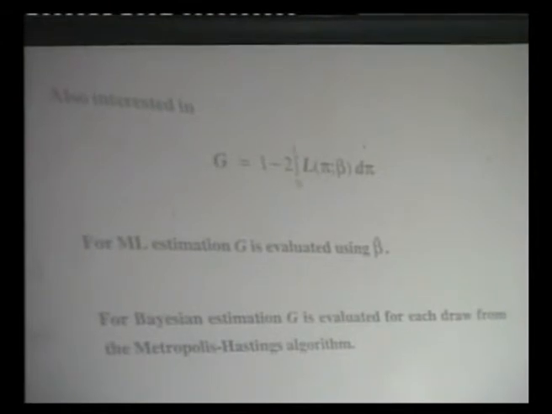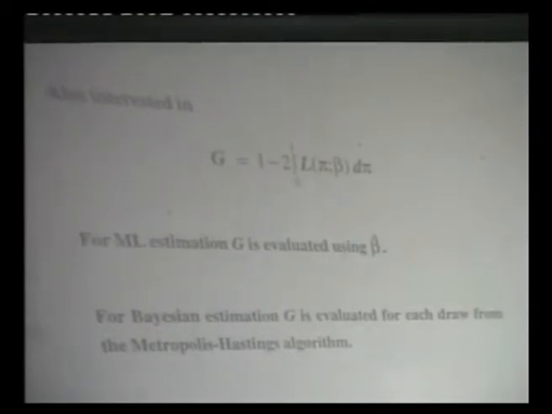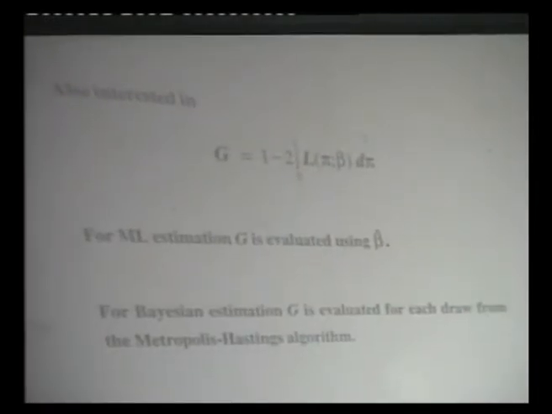So for Bayesian estimation, we do this Metropolis-Hastings algorithm again. We generate large numbers of these betas, so we might have, say, 70,000, and then we just do this numerical integration 70,000 times and get 70,000 Gini coefficients.